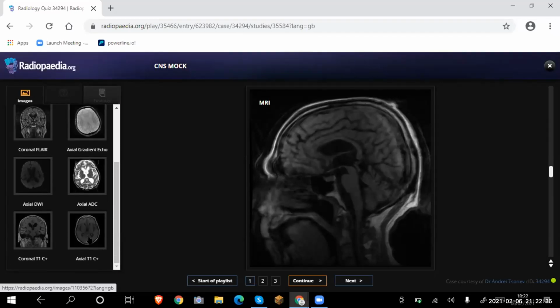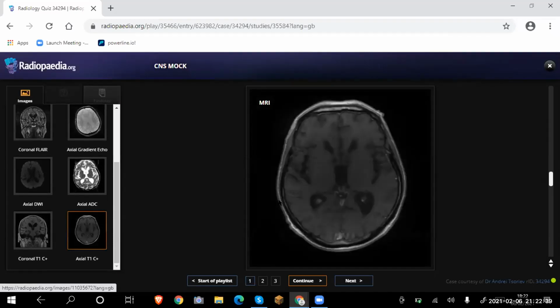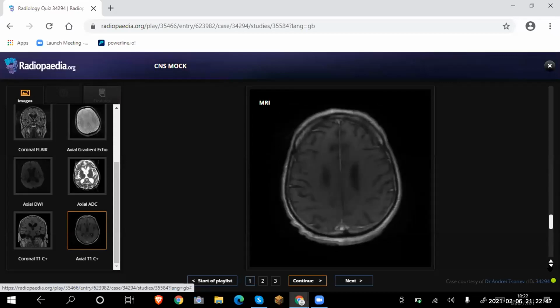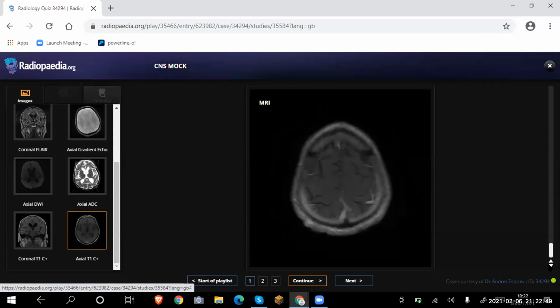What do we have here? Okay, let me see the axial contrast enhanced images. Dilated ventricles in an old age.